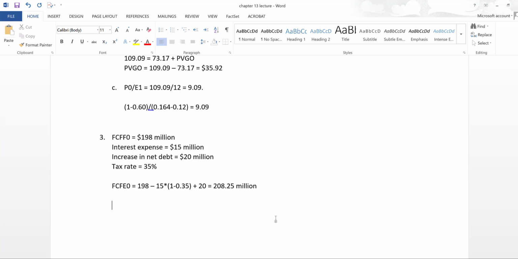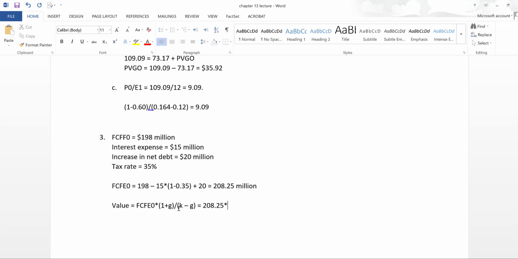So our market value of equity would be FCFE 0 times 1 plus G divided by K minus G, again assuming constant growth in free cash flow.